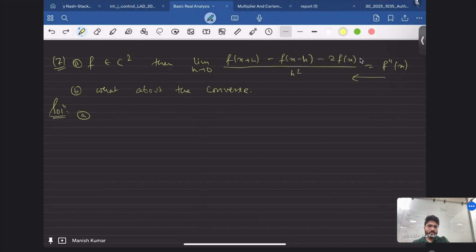Okay, I think there are many ways to do this. From here maybe you can just pair this up, and maybe you can write this also, minus f(x) minus f(x minus h).